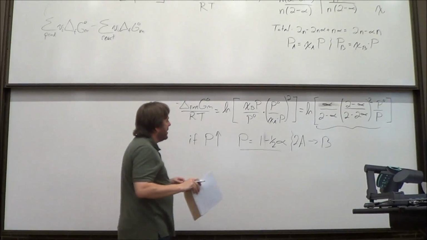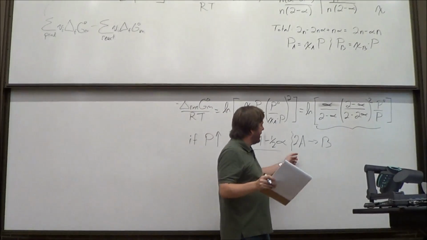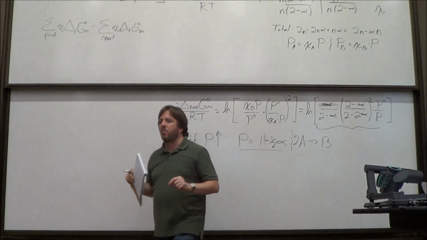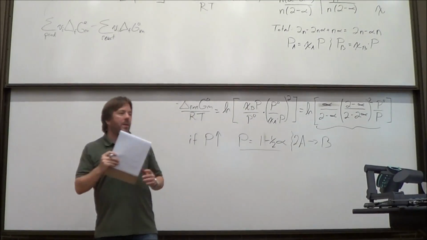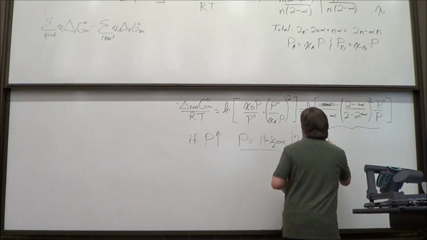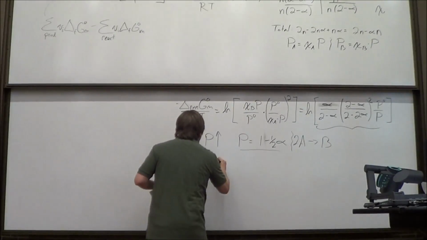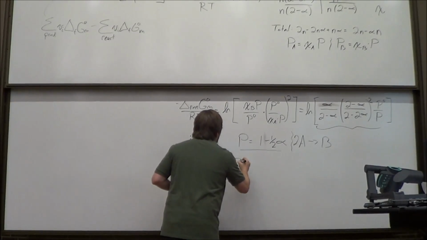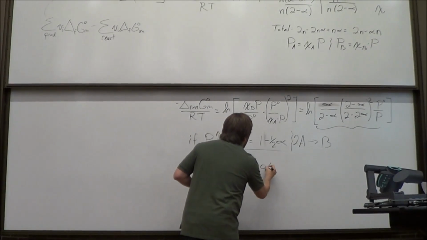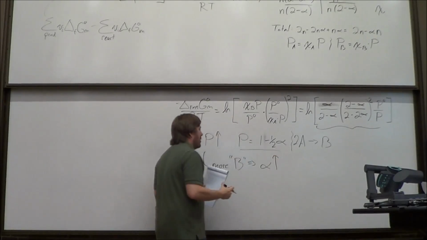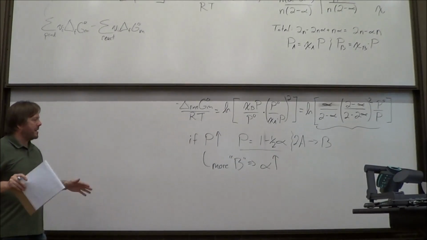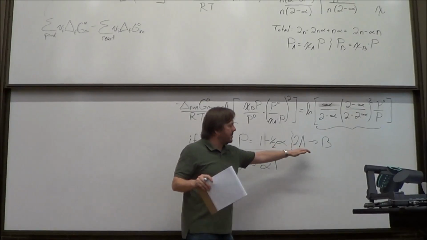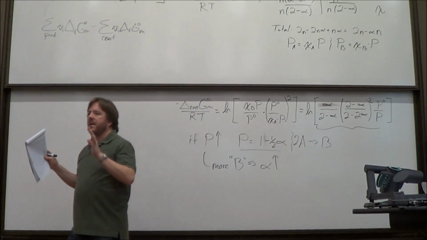I know that if I increase the pressure, Le Chatelier's principle says it wants to relieve the pressure, clearly I get more B. Right, so that's easy. So if pressure goes up, you get more B, and therefore alpha is higher. Sorry for all my shorthand.